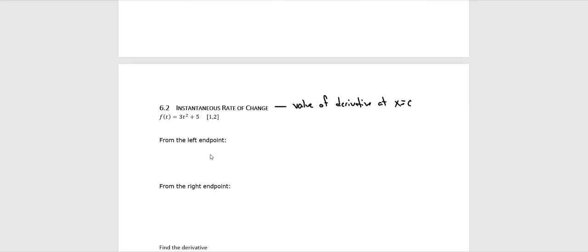So our instantaneous rate of change, we'll find our derivative first. Let's put it over here. 3t squared has derivative 3, and then for the t squared, we'll have 2t, 2 minus 1. And 5 has a derivative of 0. Remember, these are not equal signs. This is the process of taking the derivative.